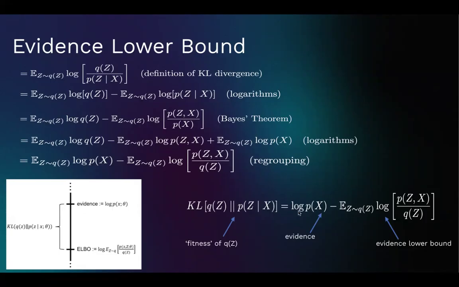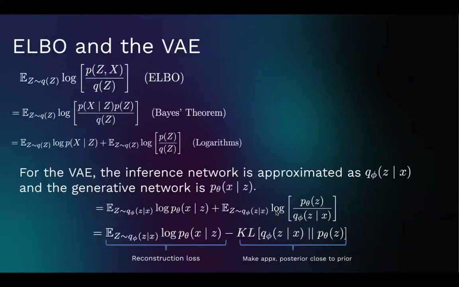One of these terms is the evidence, and the other is called the evidence lower bound. This KL divergence term on the left-hand side is not going to be less than 0. Since that's the case, we can use the negative term as a lower bound to the evidence.